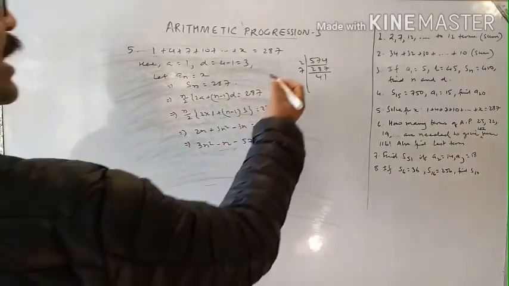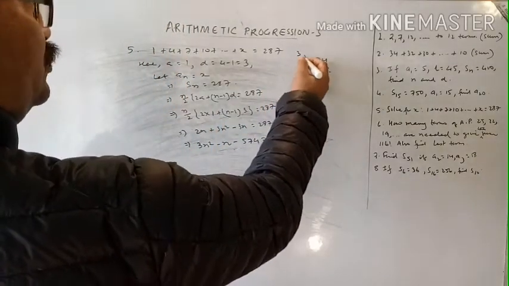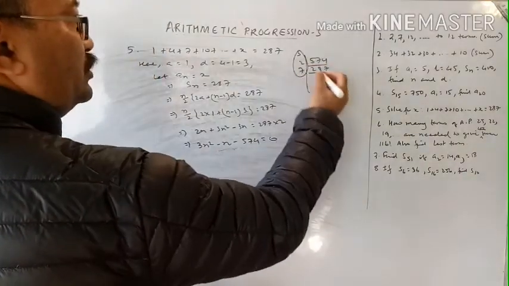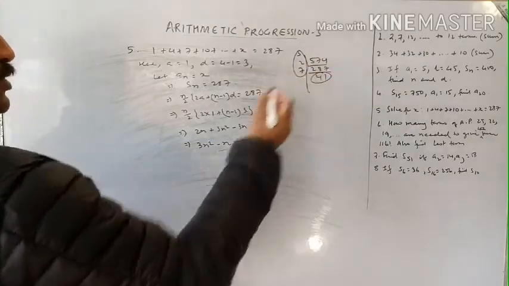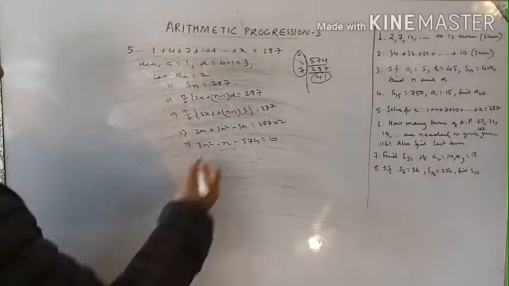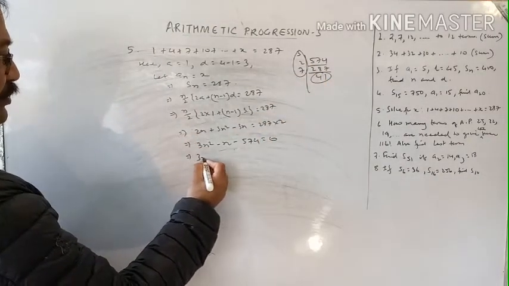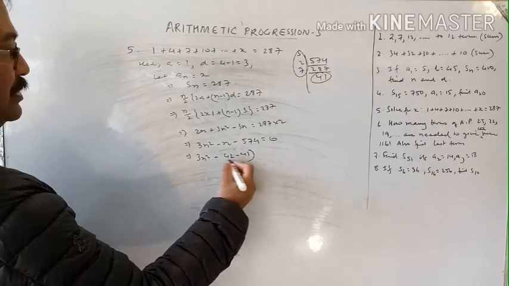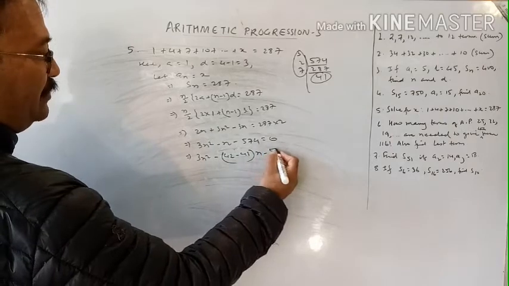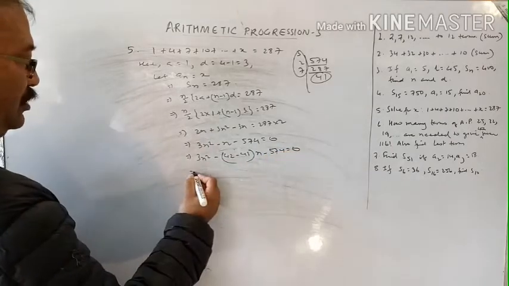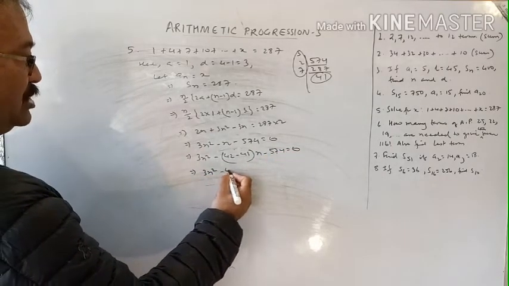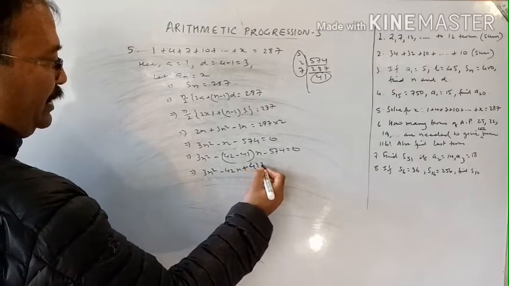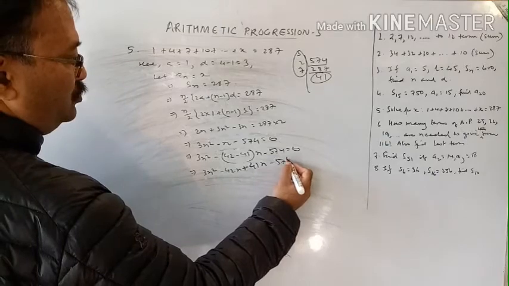Okay, so here one more 3 is there, so we can get 3 2s are 6, 7s are 42, 41. So on this side you get 42, this is 41, so 42 minus 41 is 1. So we can break it up as 3n square minus 42 plus 41 n minus 574 is equal to 0. This implies 3n square minus 42n plus 41n minus 574 equal to 0.